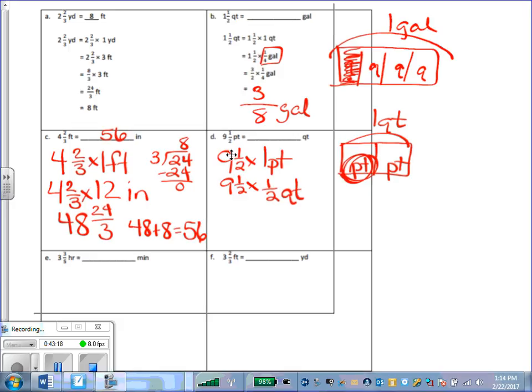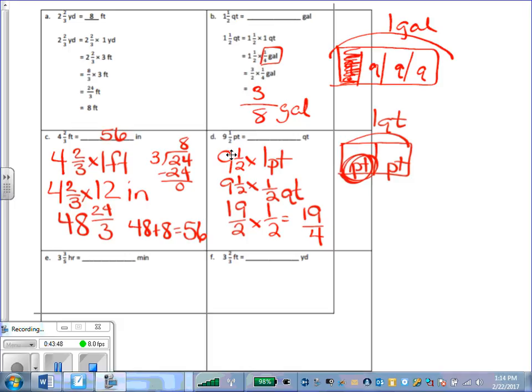Remember we did the practice and you were supposed to be taking notes? 2 times 9 is 18 plus 1 is 19. 2 times 1 over 2. Multiply across. 19 fourths.